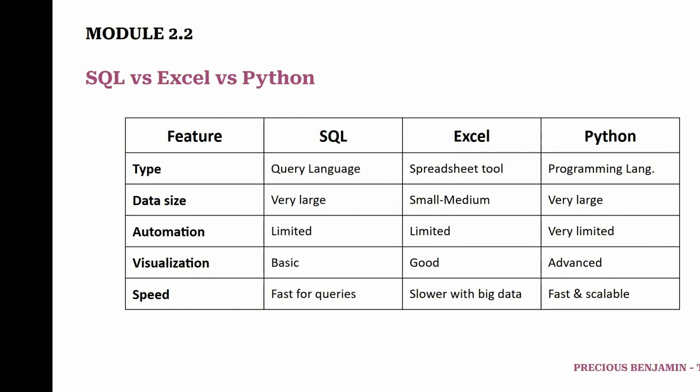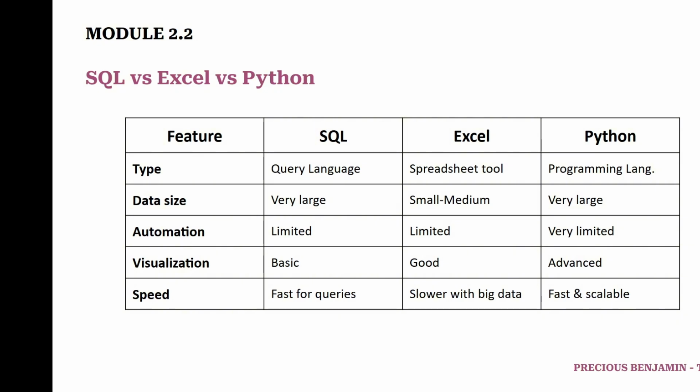Now, when you come to SQL, automation is limited. You can also use Excel for basic automation, but automation in Excel is also limited compared to using tools like Power Automate for automation processes. When it comes to Python, automation processes become very limited or basic.